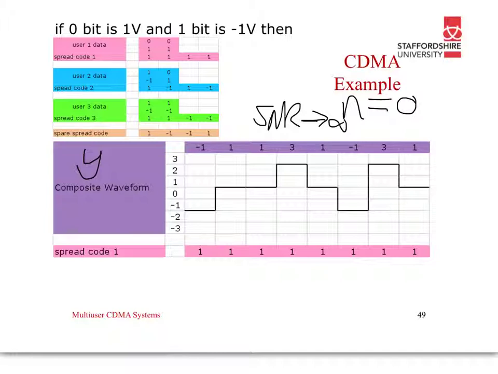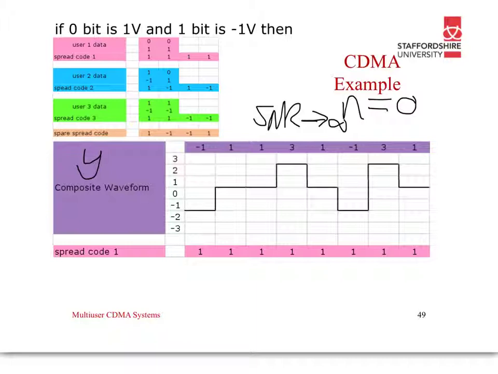Okay, so if we are in receipt of Y and we have, say, spread code 1, so we're in possession of this spread code and we know it's in synchronization with what was transmitted, what we do is we multiply our spread code with the composite waveform.